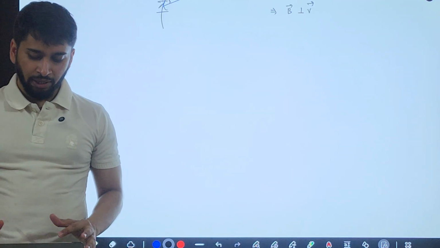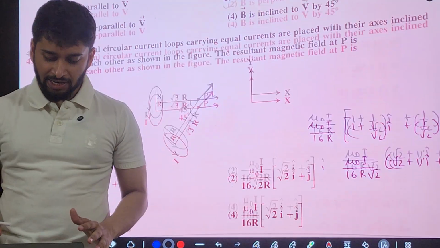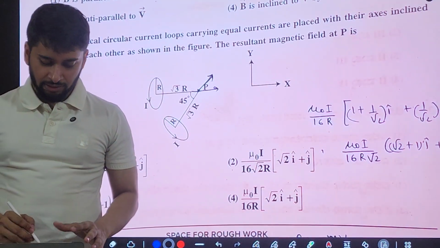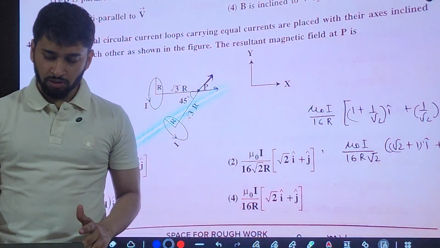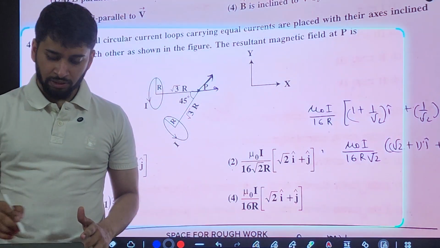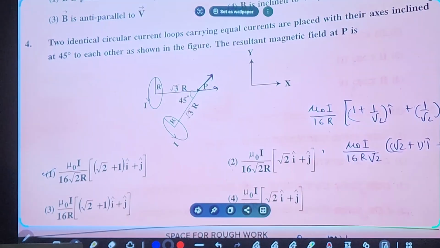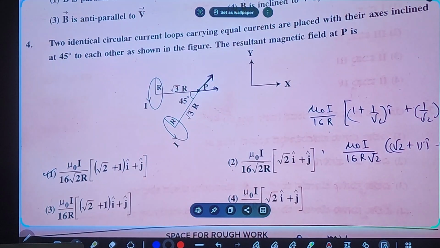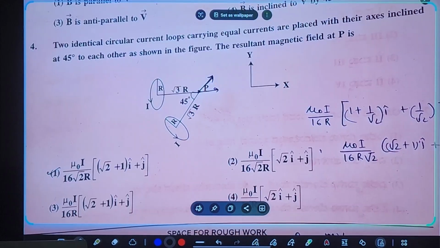Great. Let us see the next one. Fourth question. Where is it? This is the fourth question that we have. Let me snip it out. Maybe a slight adjustment is required in the zooming level. Let me zoom out a bit.